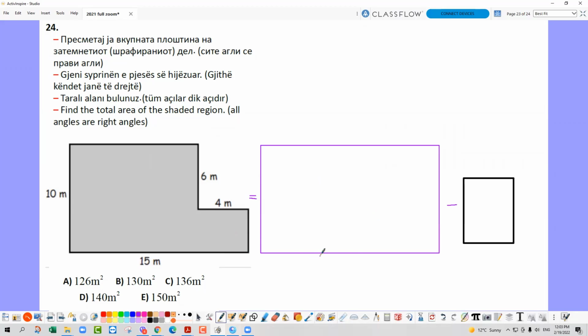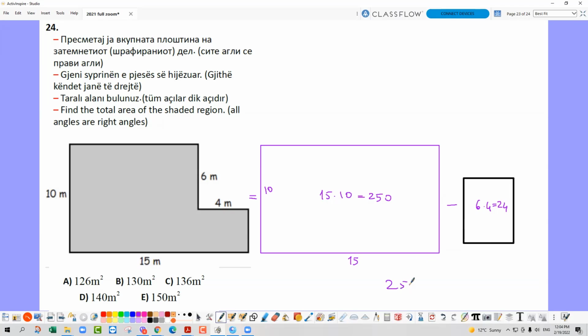So what is the whole rectangle? This is 15 and this is 10. So 15 times 10 is 150. Here, this small rectangle is equal to 6 times 4, which is 24.